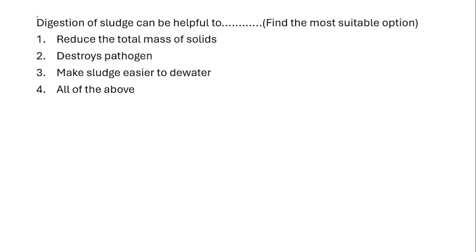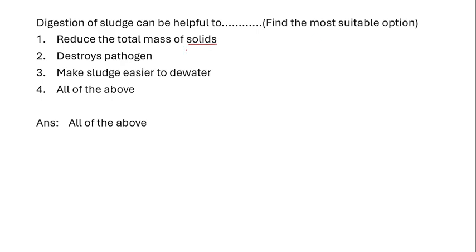Next question is: digestion of the sludge can be helpful to reduce the total mass of solid, destroy the pathogen, make sludge easier to dewater, all of the above. So the right answer is all of the above, because the sludge digestion involves both reduction of the total mass of solid content, because this anaerobic digestion of the sludge will result in the conversion of carbonaceous matter into carbon dioxide and methane.